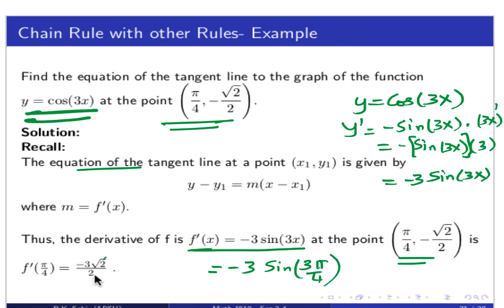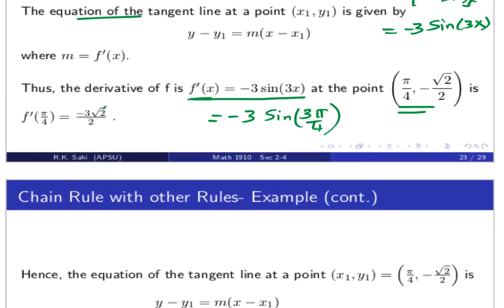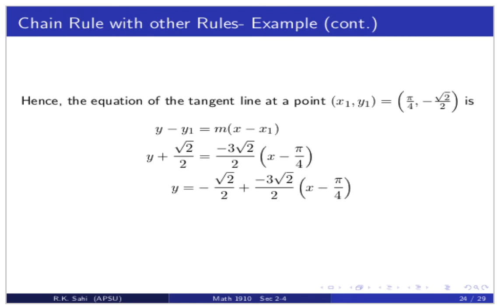So it's negative 3 square root 2 over 2. Okay, so what is the equation of the tangent line at that point? It is given by this formula, y minus y1 equals m times x minus x1. You just substitute what you found for m, what is y1, what is x1, and that's your final answer, which is y equals negative square root 2 over 2 plus negative 3 square root 2 over 2 times x minus pi fourths.